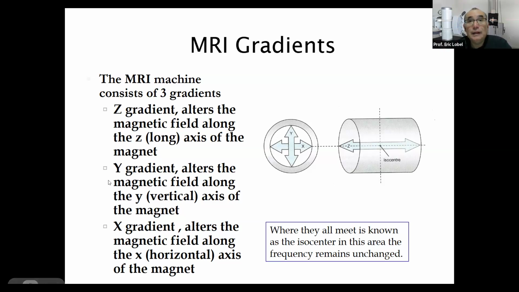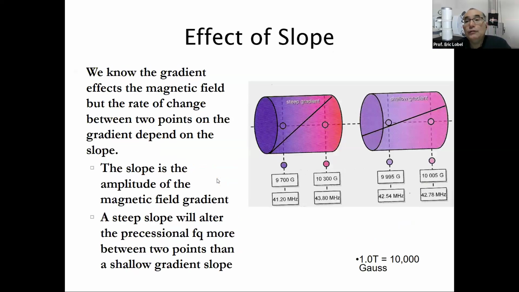They can all do spatial encoding in terms of phase and frequency, but only one specific gradient can do the slice selection, and once that is determined, the other two pick up the slack, so to speak, and do the phase and frequency encoding after. So slope, you may have heard of slope. It's the rise over distance, a mathematical term.